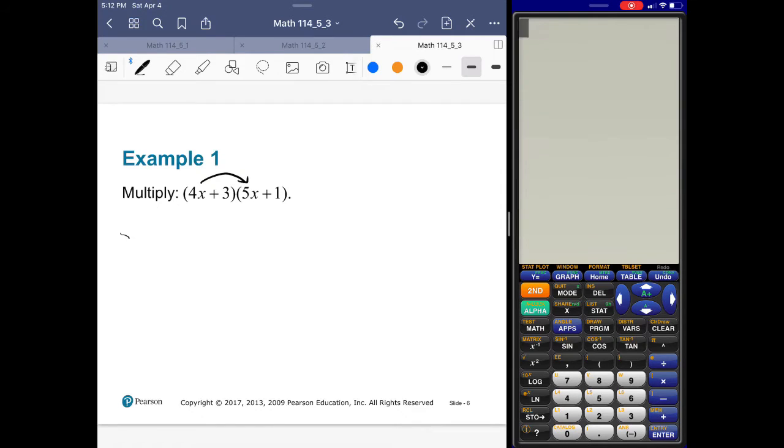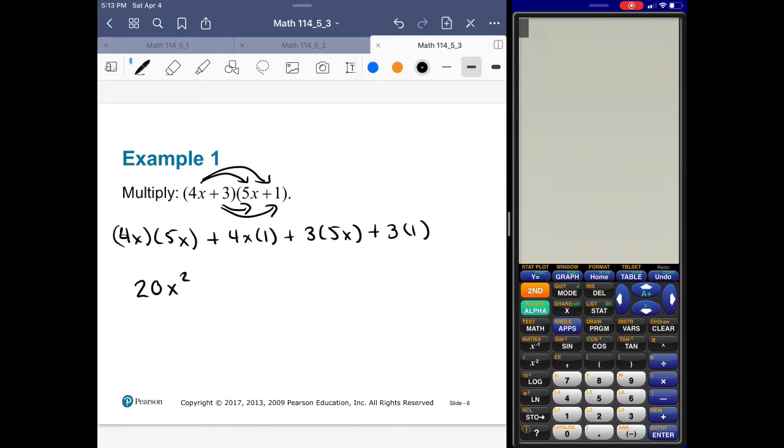So we have 4x plus 3 times 5x plus 1. 4x times 5x plus 4x times 1 plus 3 times 5x plus 3 times 1. 4 times 5 is 20x squared. x times x, we have the same base, they're both to the degree 1, so 1 plus 1 is 2.